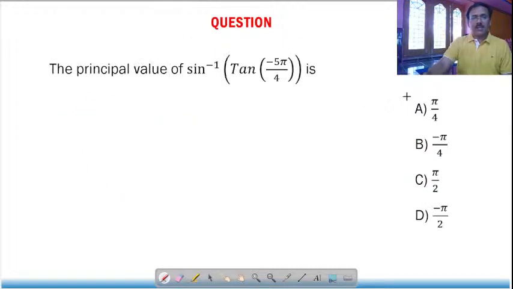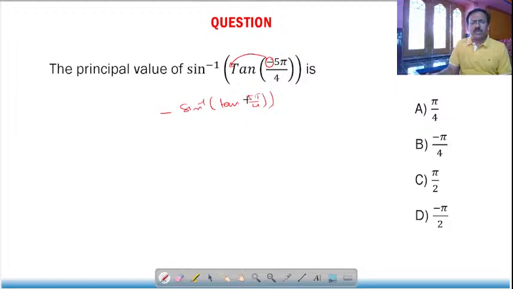Then next, just see this question. Sine inverse of tan of minus 5 pi by 4. Friends, first of all, this minus can be brought outside because tan is an odd function. That can also be brought outside. This is minus sine inverse of tan of 5 pi by 4.